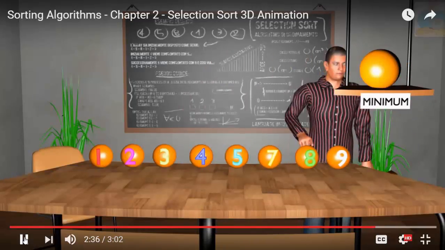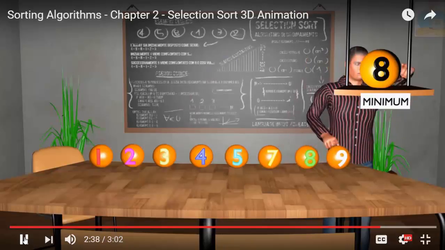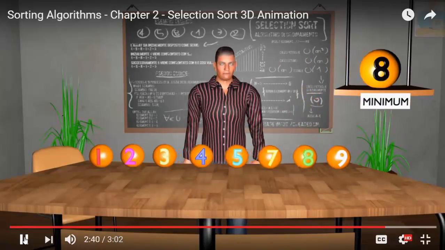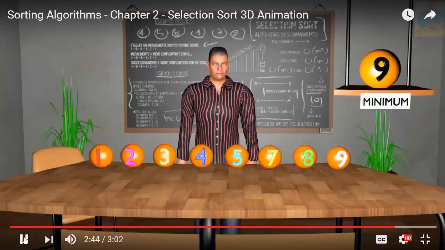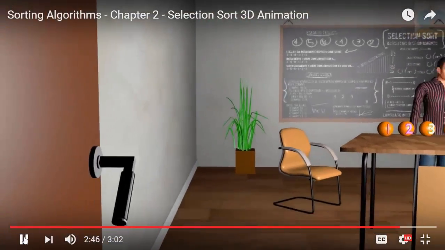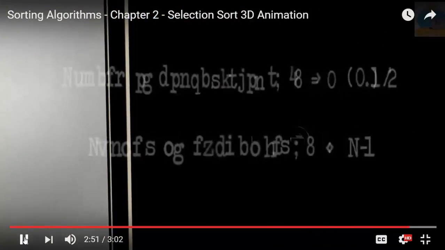Now we have things in order, but again, we can't tell that until we walk the array and make sure that we have no numbers that are less than our current number. And finally, our array is sorted, and that was the selection sort.